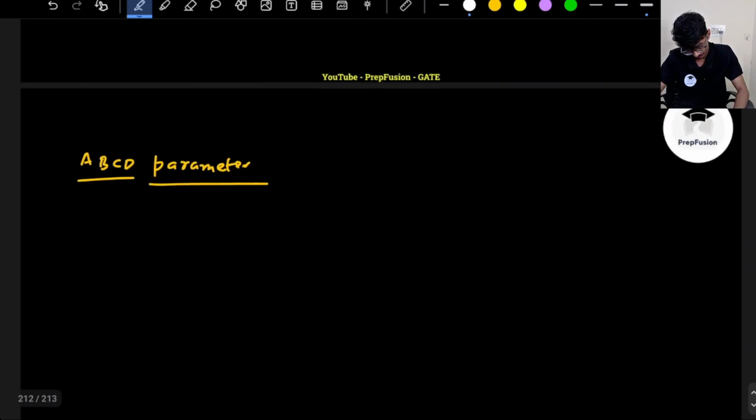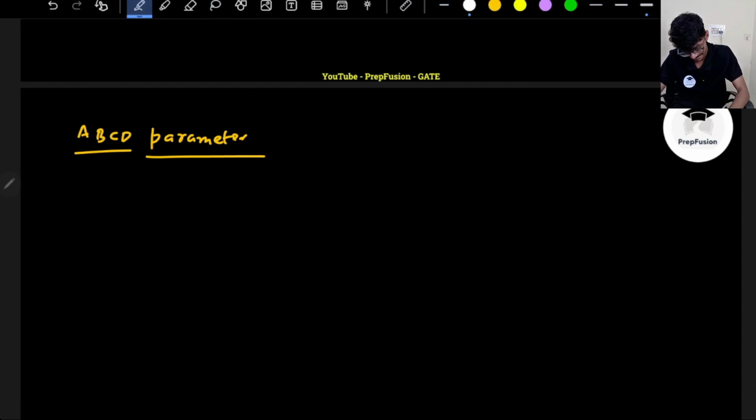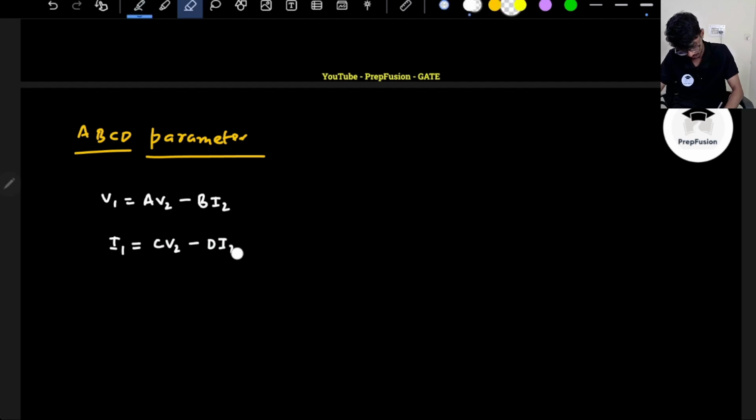Here, what are the equations? The equations are V1 equals A V2 minus B I2, and I1 equals C V2 minus D I2.